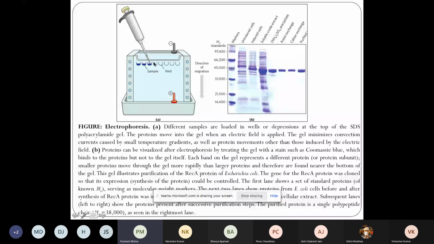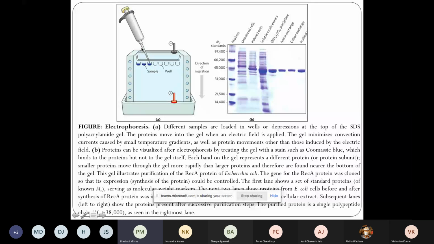So here you see there are different wells. If I put a template or a comb, the gel is not polymerized at that part. So while polymerizing, you put a comb, and because of that, you create these wells. Once you remove the comb, this place works like a well.